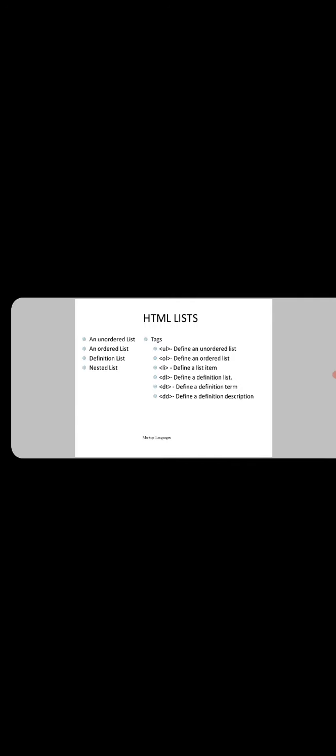List means, generally in HTML, if you want to display some important points, we may use different types of lists. Lists are used to display important points, text, or paragraphs on an HTML page by using different symbols.